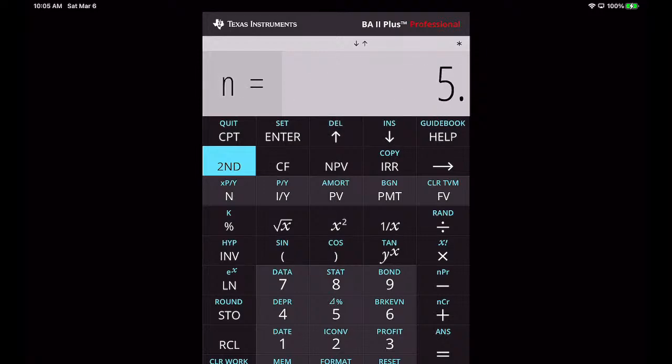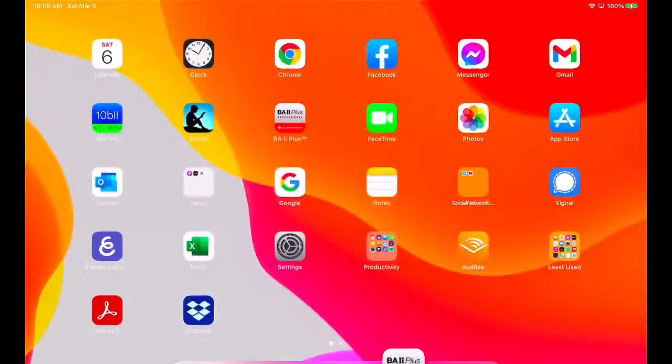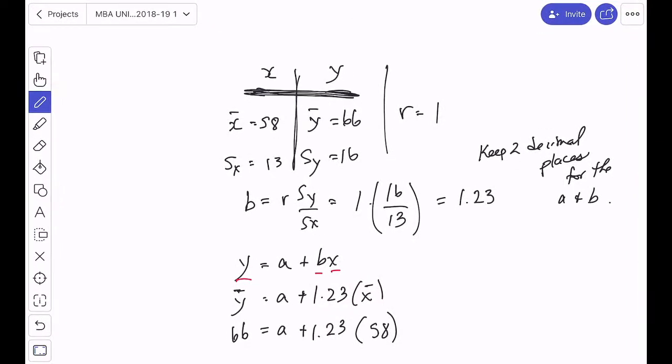X bar 58, yeah. And so A is negative 5.34.